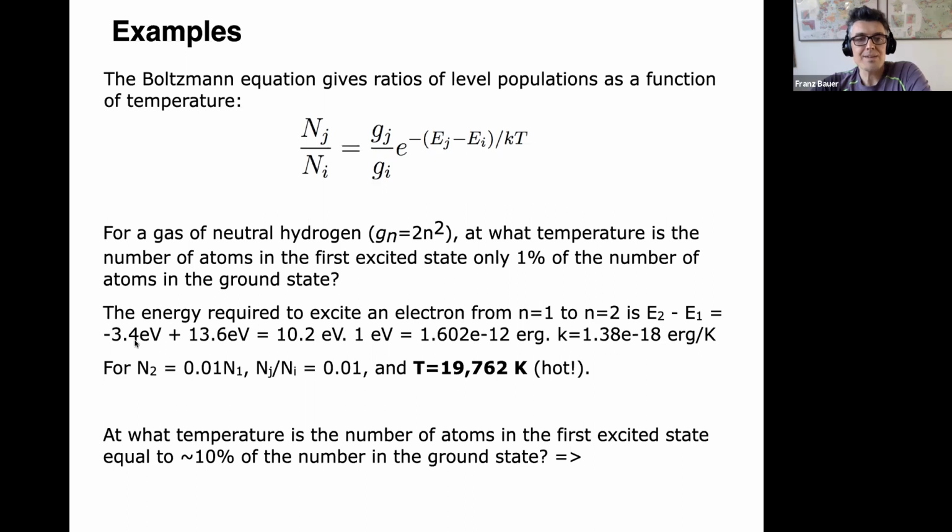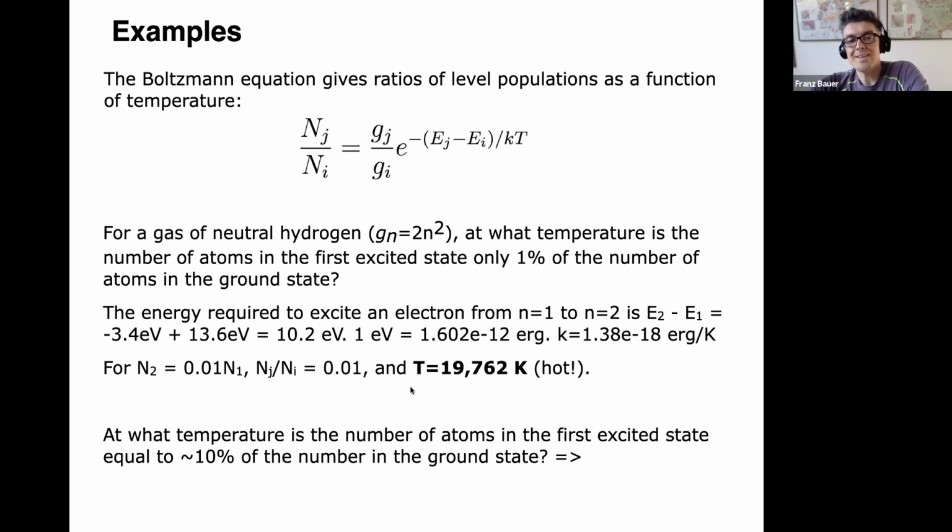If we want n equals 2 to be 1% of n equals 1, then this ratio has to be 0.01. So we plug in the energy of 10 eV, factor in the exponential and the statistical weights, which are 8 to 1.